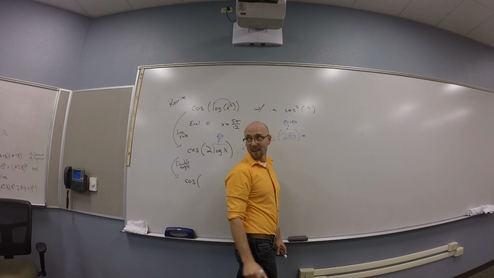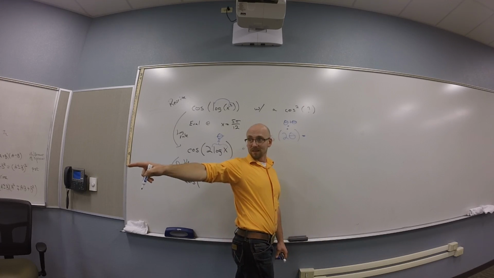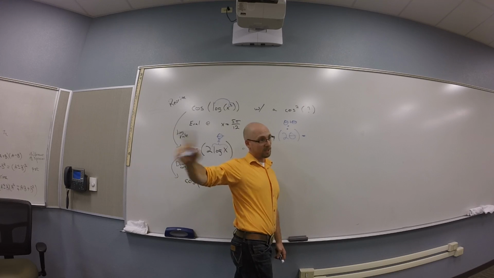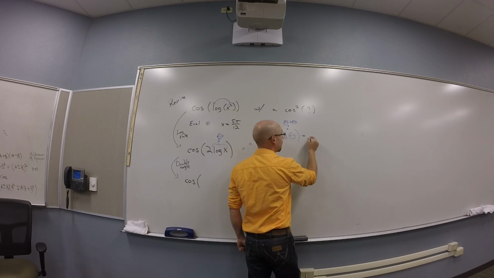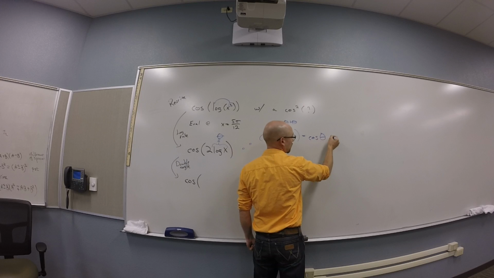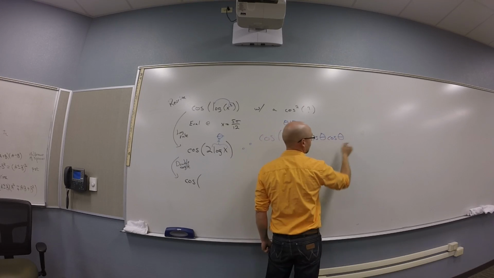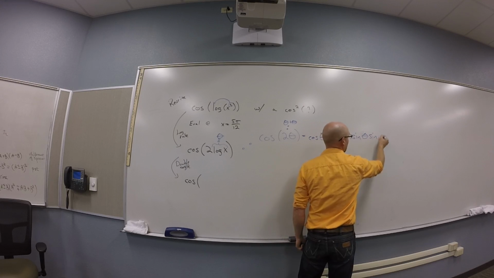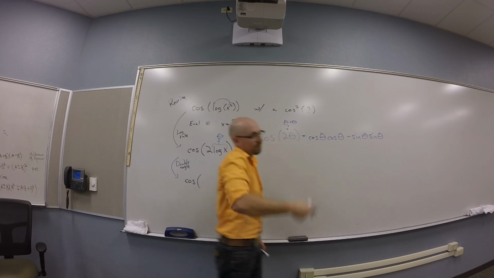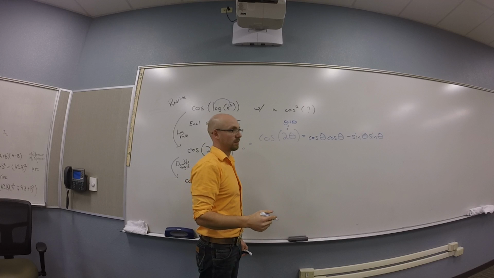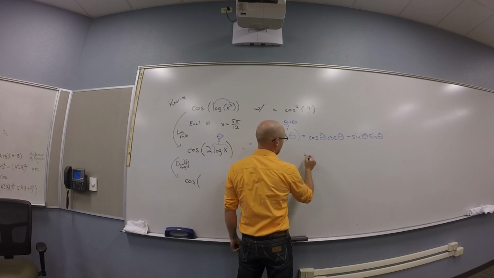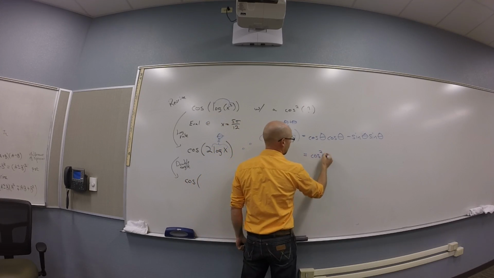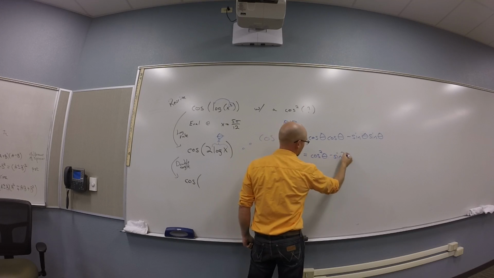Isn't it the cosines multiplied together plus the sines multiplied together? Cosines minus sines. So this would be cosine of the first angle, cosine of the second angle, minus sine of the first angle, sine of the second angle. But everything's all thetas anyway, right? Okay, so I got cosine squared theta minus sine squared theta.